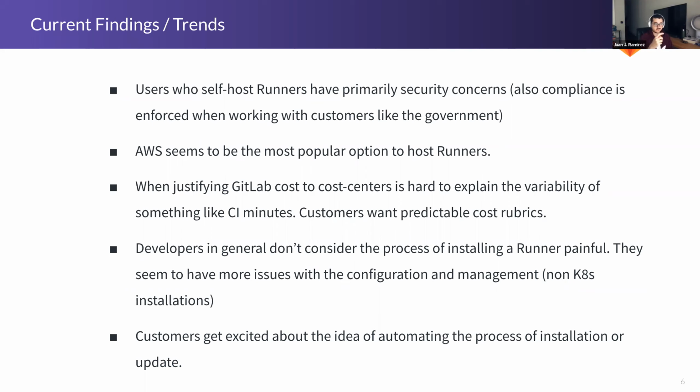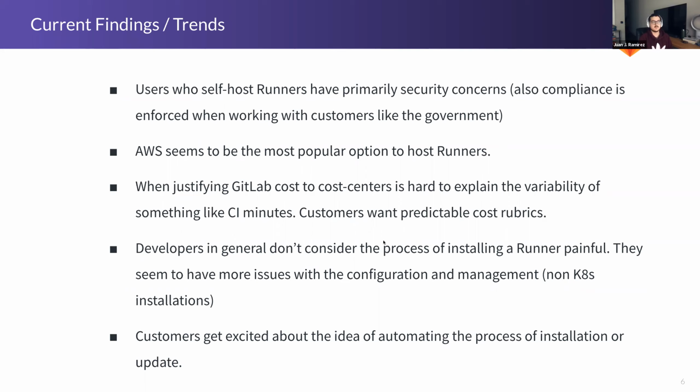So many customers basically want just a predictable cost rubric. So the easiest way to go about that is just paying for a single machine, max it out in whatever sense it means for them to max it out, and then just pay that monthly, recurrently, right? So that's a big part of the GitLab experience when it comes to paying for GitLab.